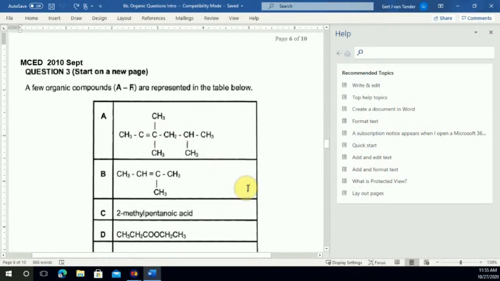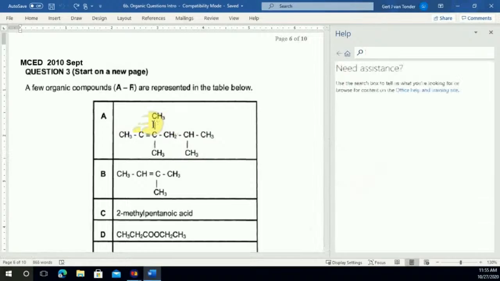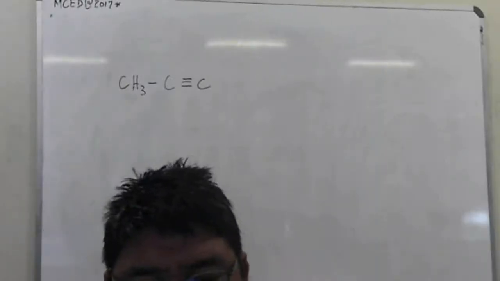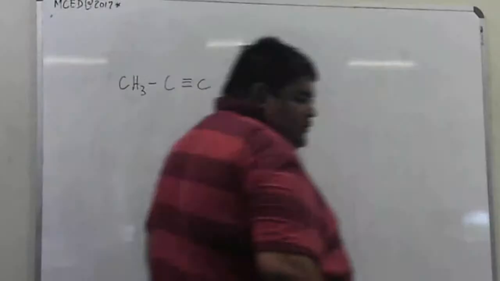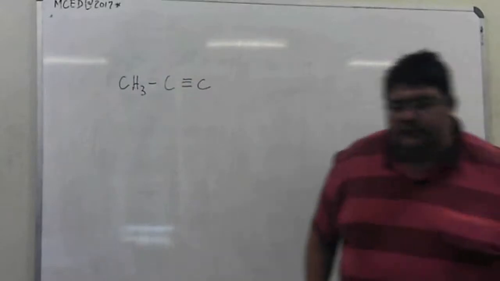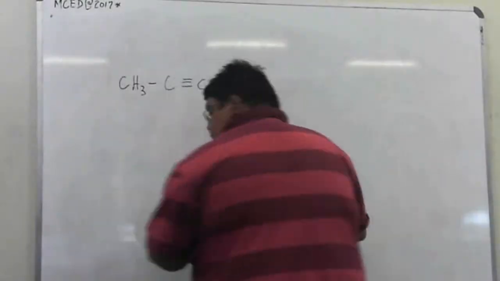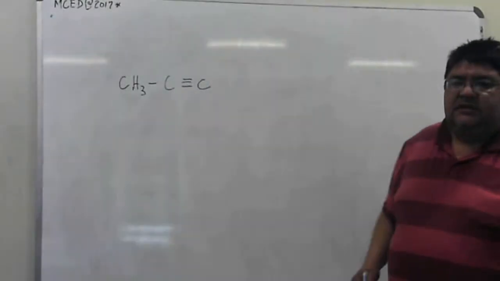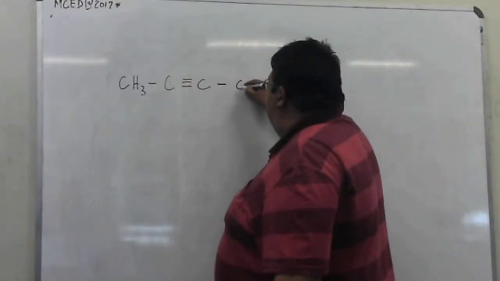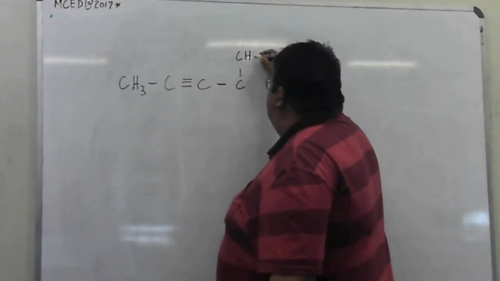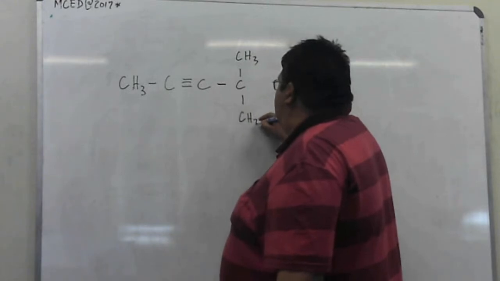So what I'm going to do, I'm going to take that CH3 over there, and move it over to the next carbon, and then take those 2 H's away so that we can have a proper triple bond, because it's impossible to have substituents there if you've got a triple bond over there. Let me just show you the board again. So there's a triple bond over there, and I'm going to move my CH3 over there and my CH3 over there.